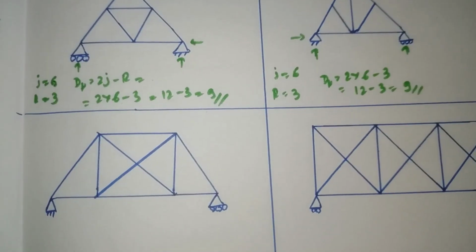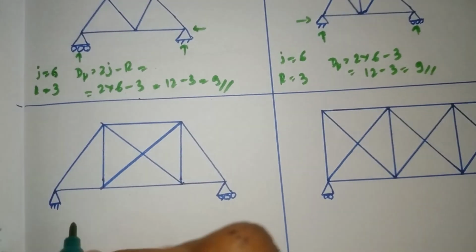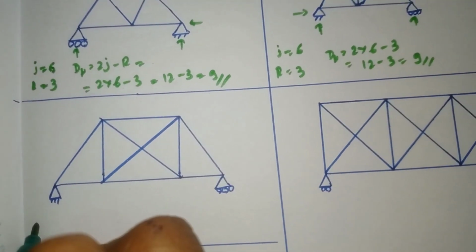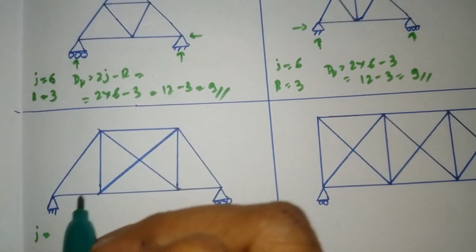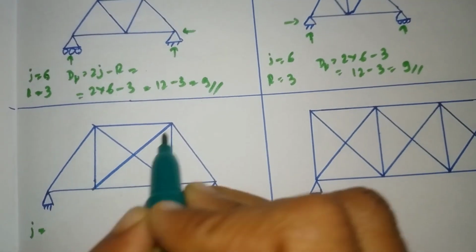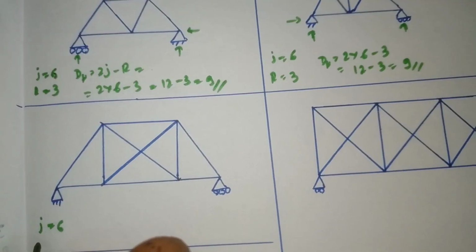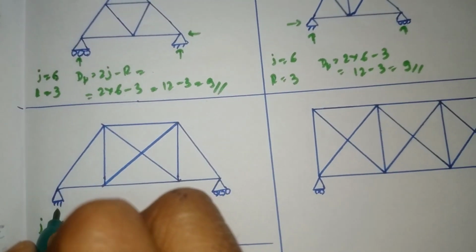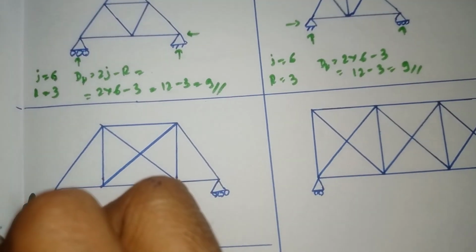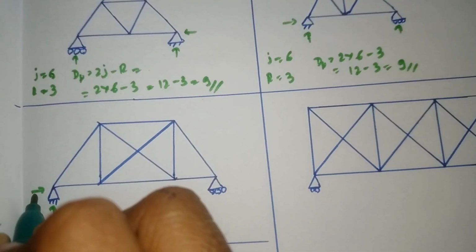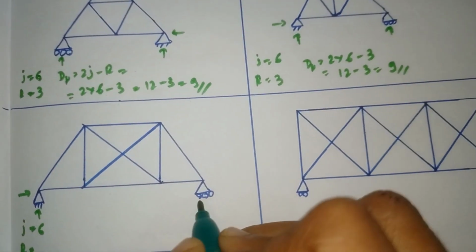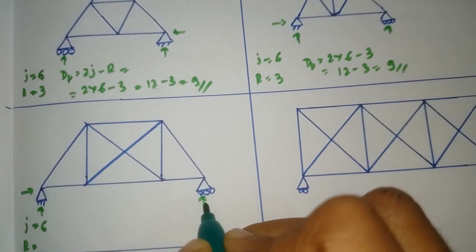So we'll see one more problem. How many joints are there? 1, 2, 3, 4, 5, 6. The number of joints is 6. So how many unknowns? At the hinge 2, one is horizontal, one is vertical, and another is horizontal. At the roller only one reaction will come, that is vertical.